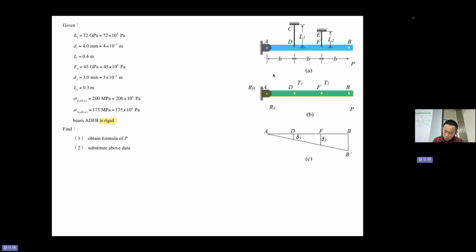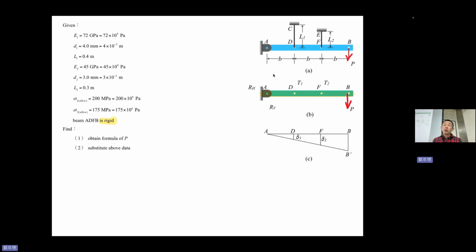And then you have a force here, and of course L1 and L2 will have the force on that point.